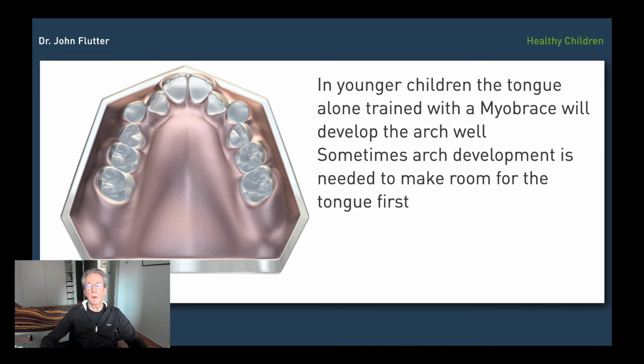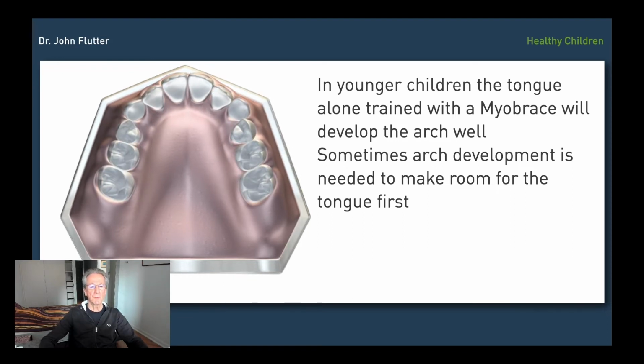So if we use an appliance like a Myobrace, which is what I've been using now for some 25 years, maybe a bit more, when the appliance is worn well, and the tongue learns to rest and function in the palate, that alone will give you adequate arch development, so that ideally we have enough room for all 4 permanent erupting upper incisors.